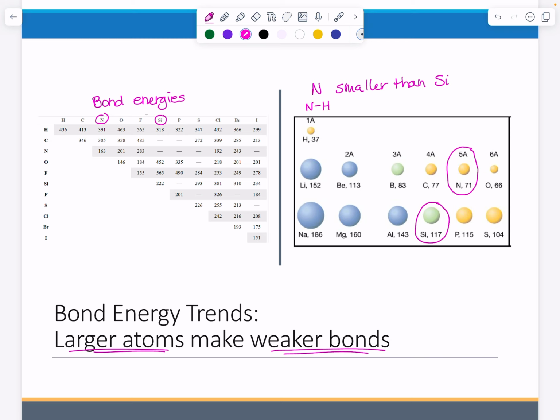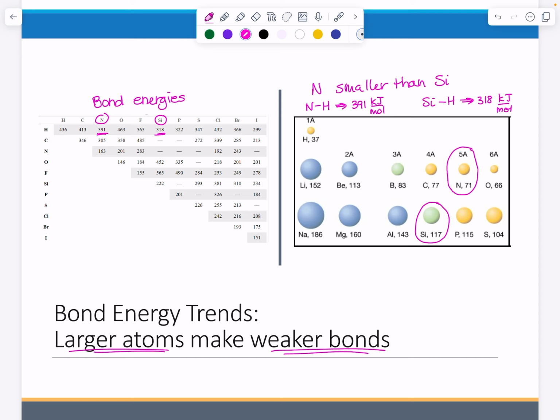That would be 391 kilojoules per mole. That's our bond energy for that. And silicon bonded to hydrogen, that's 318 kilojoules per mole. So our larger atoms are going to give us weaker bonds.